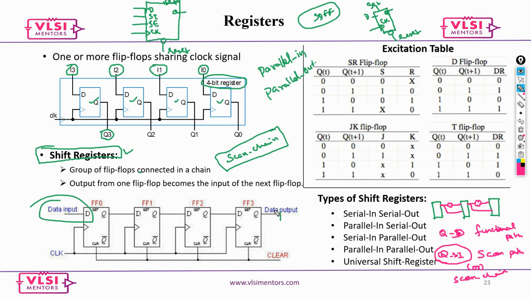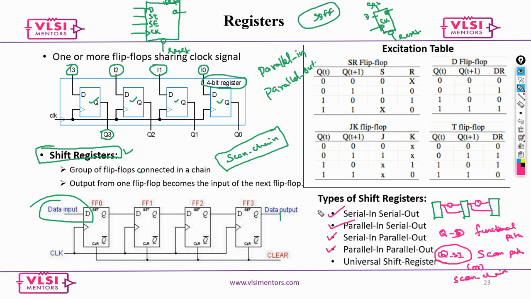Now, what are the different registers that you would have? One is serial in, serial out, and then parallel in, serial out, where everything gets loaded in parallel but shifts out one by one. Then serial in, parallel out, and parallel in, parallel out.